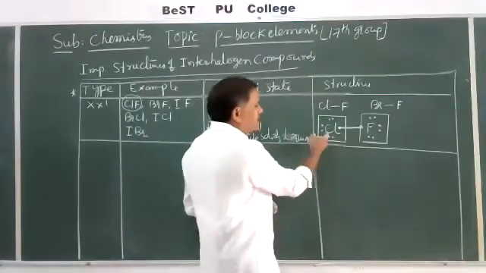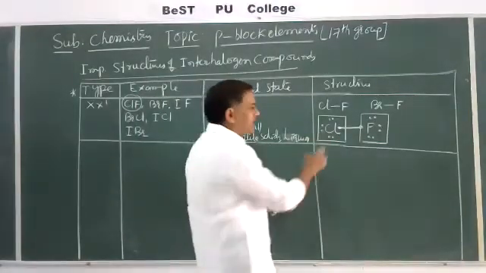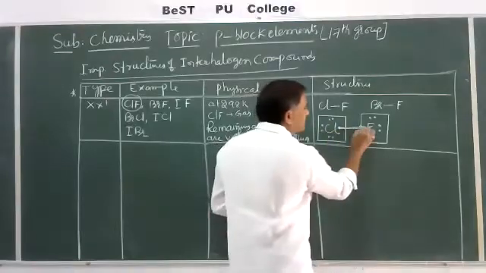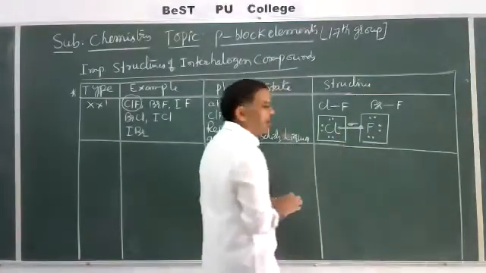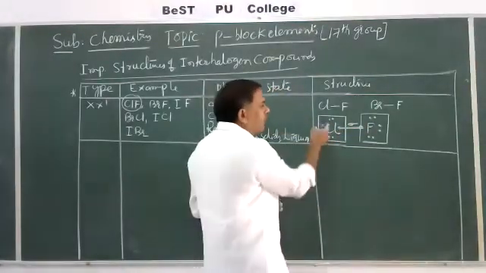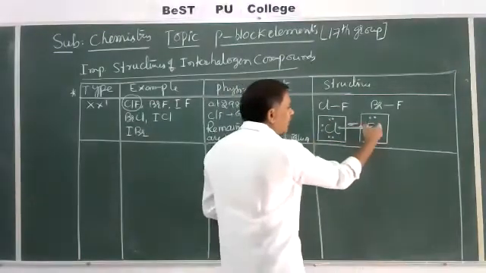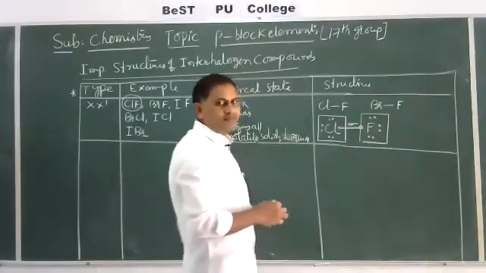Between Cl and F, one sigma covalent bond is formed. Here 3 lone pairs are there, and here also 3 lone pairs are there.